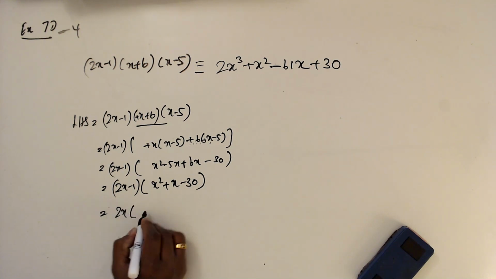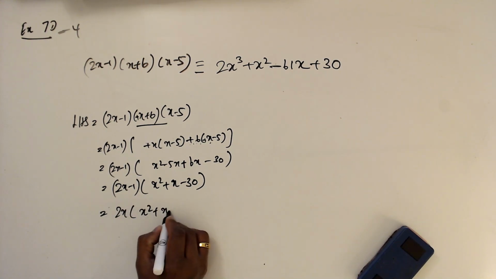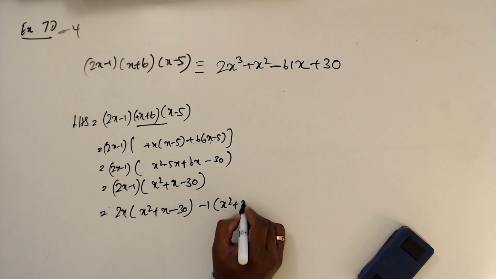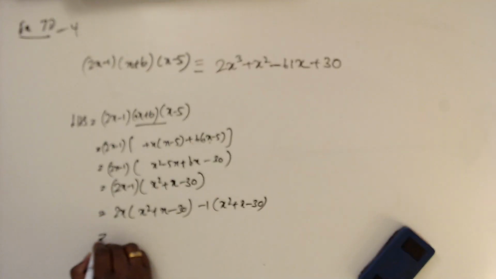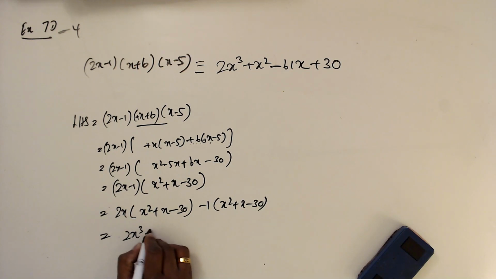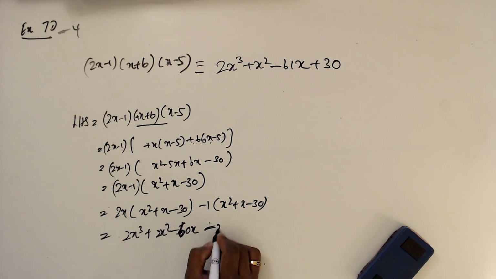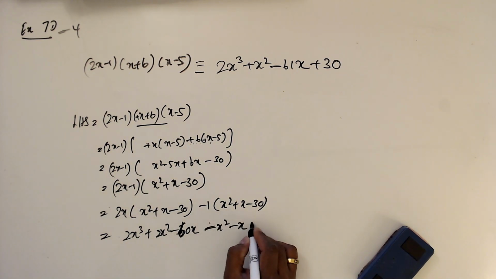Then 2x times x squared plus x minus 30, and minus 1 times x squared plus x minus 30. So this is 2x cubed plus 2x squared minus 60x minus x squared minus x plus 30.